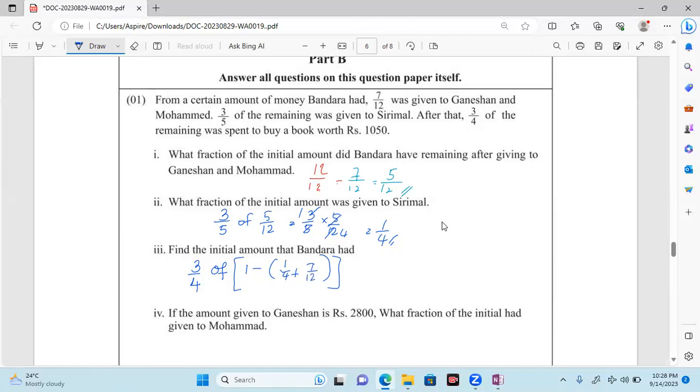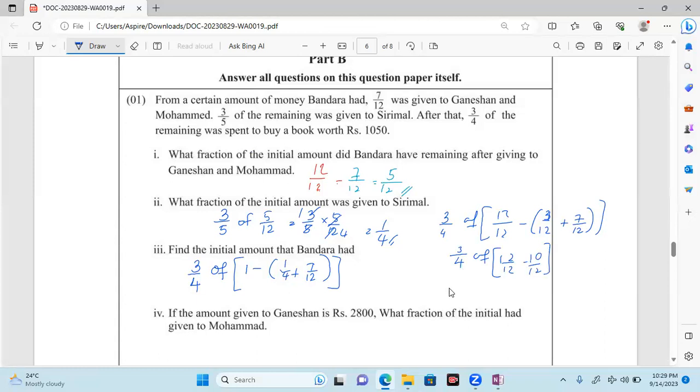Now then 3/4 of. 12/12 subtract 3/12 add 7/12. 3/4 of. 12/12 subtract 10/12.